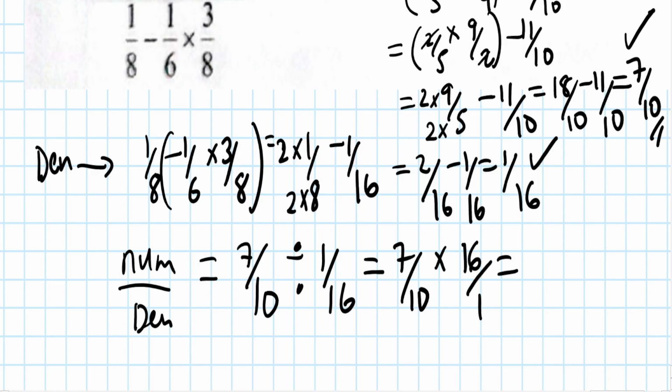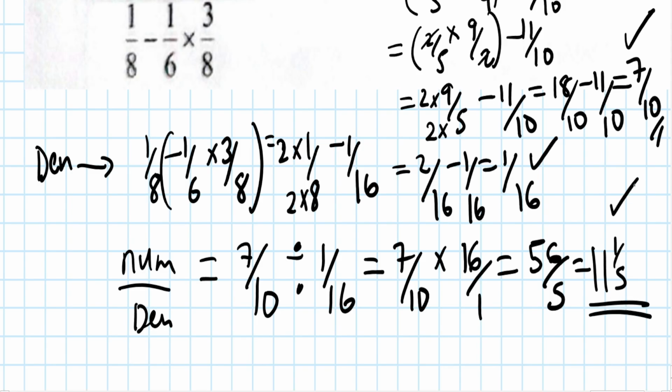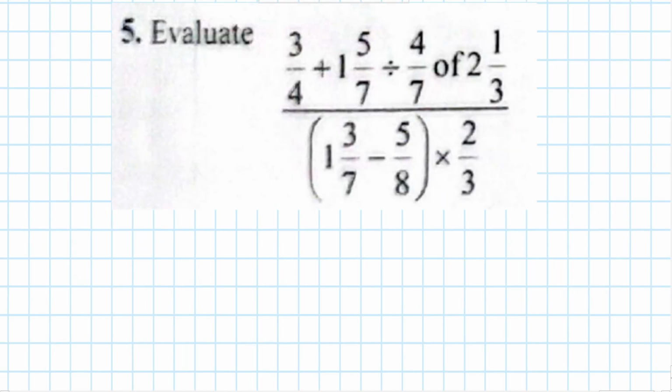This gives you, as an improper fraction, 56 over 5, which as a mixed fraction is 11 1 over 5, because 5 goes into 56 11 times, leaving 1 over 5. So that is the answer.